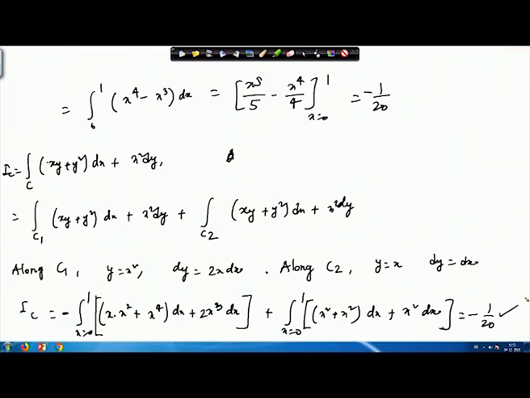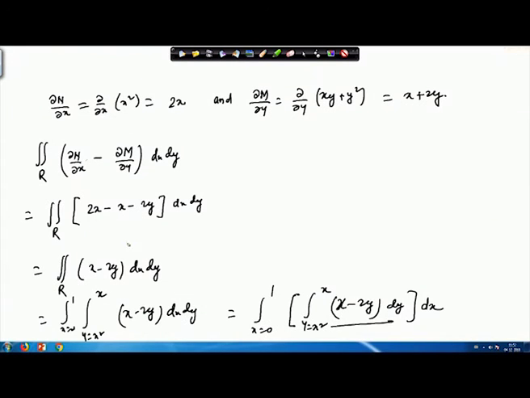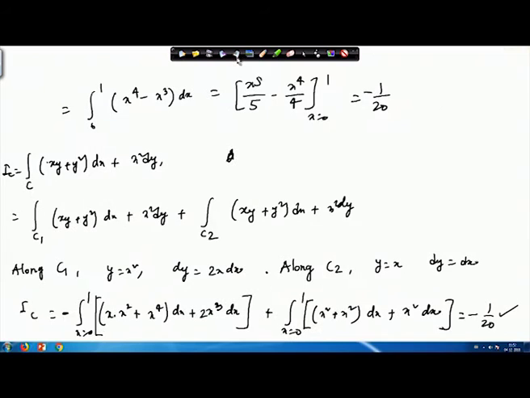So, you see, this is how we verify the Green's theorem. It will be slightly lengthy, because for all these theorems, Green's theorem, Stokes theorem or Gauss theorem, if you want to verify, you have to check both sides of the identity. Here we had to guess what our m and n are, calculate del n del x minus del m del y, and then substitute and simplify the surface integral.